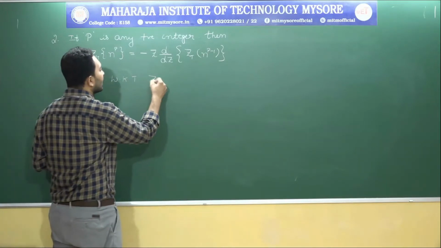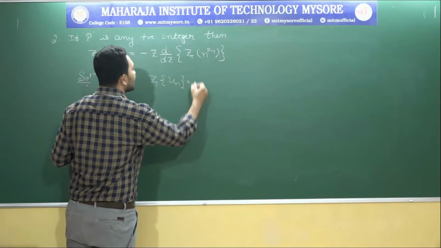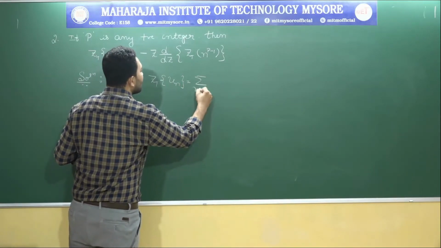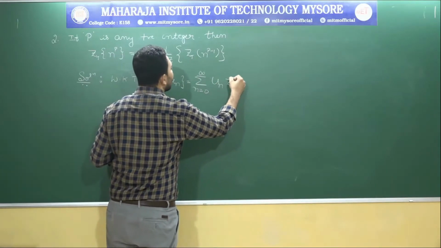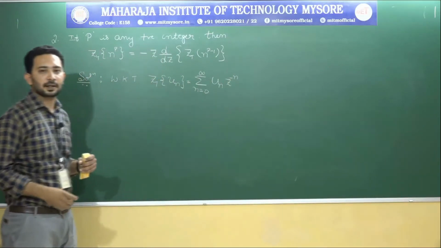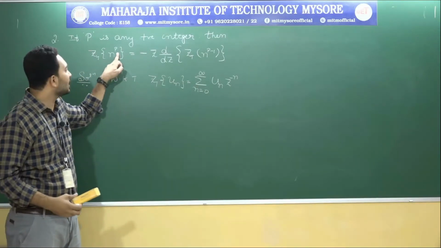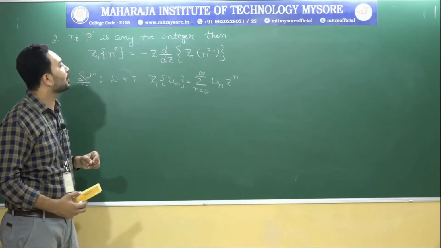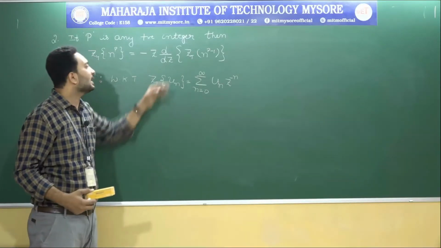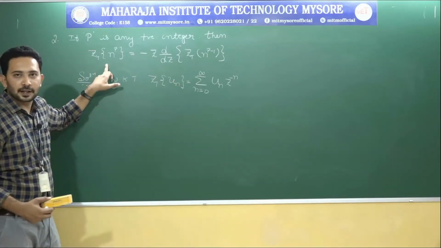We know that the z transformation of un equals summation n equals 0 to infinity un into z power minus n. Now we need to prove that the z transformation of n power p equals minus z d divided by dz, z transformation of n power p minus 1. So I'll take the right side and I'm going to prove the left side.